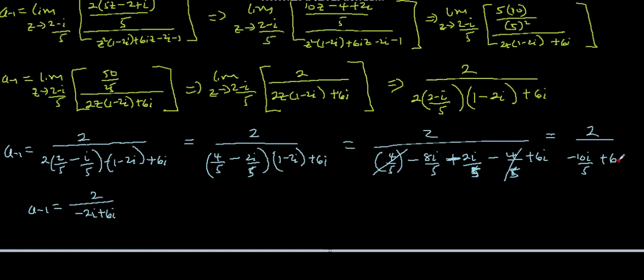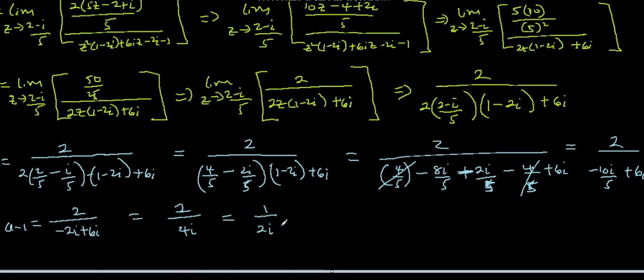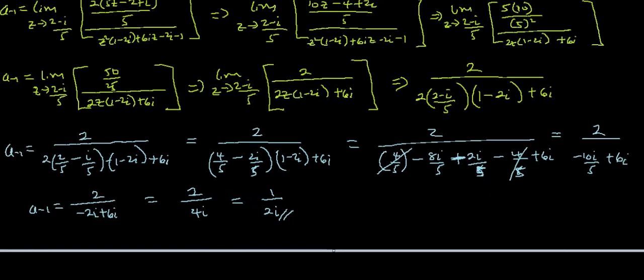Remember, this is 6i here. Then this will be equal to 2 divided by minus this plus this, we are going to have it to be 4i. So this is approximately 1 over 2i. So this is your value of a minus 1.